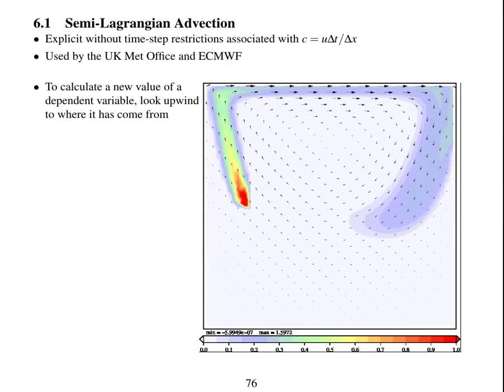For example, it could be a pollutant being released, and then it's advected around by the winds. So the way semi-Lagrangian would work is that if you're here, you see what the wind is and you look upwind and look at the concentration upwind, and then the next time step you work out what the value should be based on what's upwind.